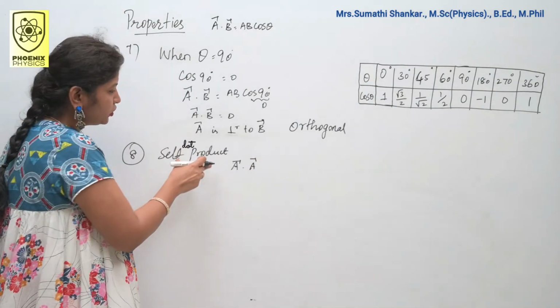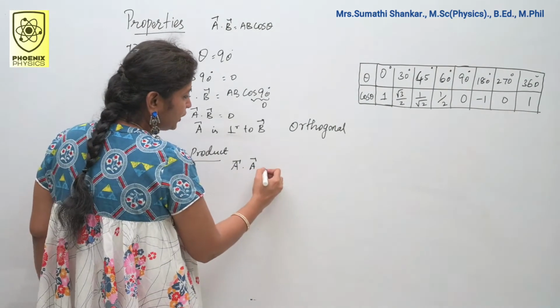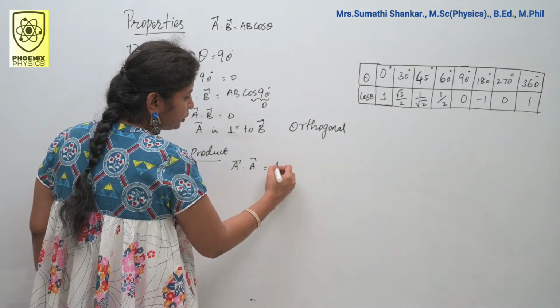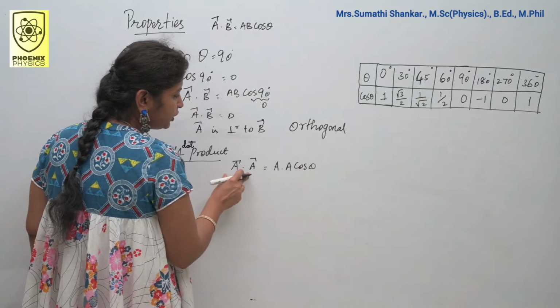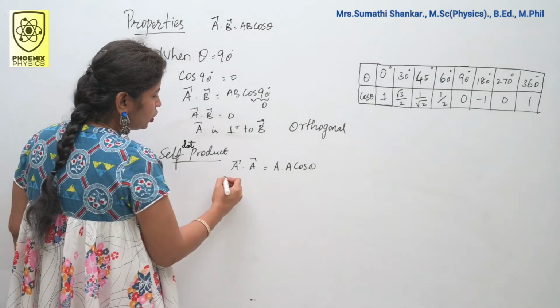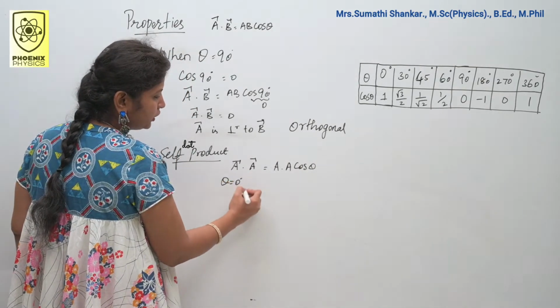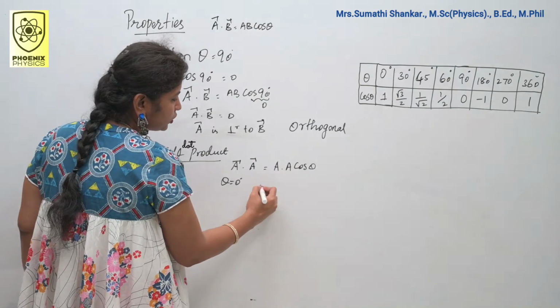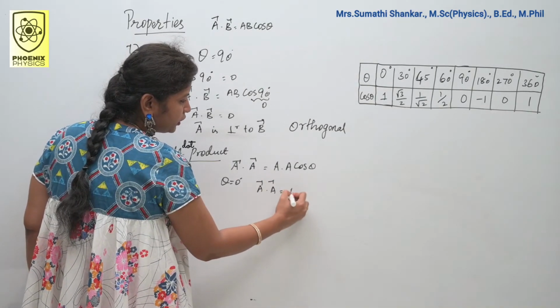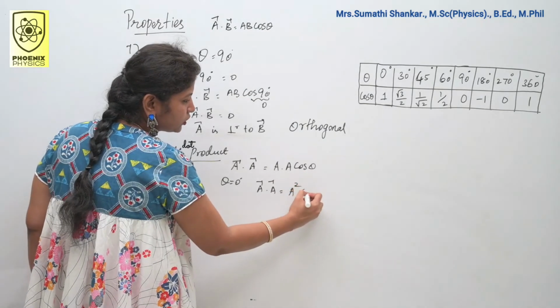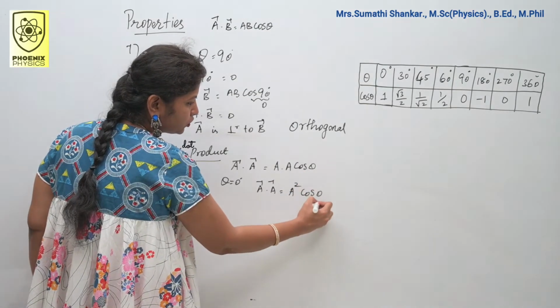Next property, self dot product. The product of a vector with itself is defined as the self dot product. So what is A dot A? A dot A is nothing but A into A cos theta. Both vectors are in the same direction, so theta is equal to 0 degrees. Cos 0 is 1.